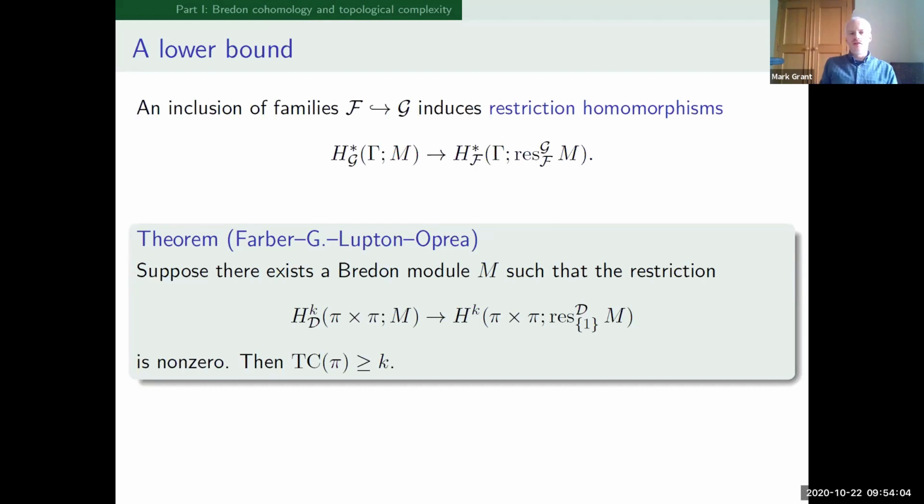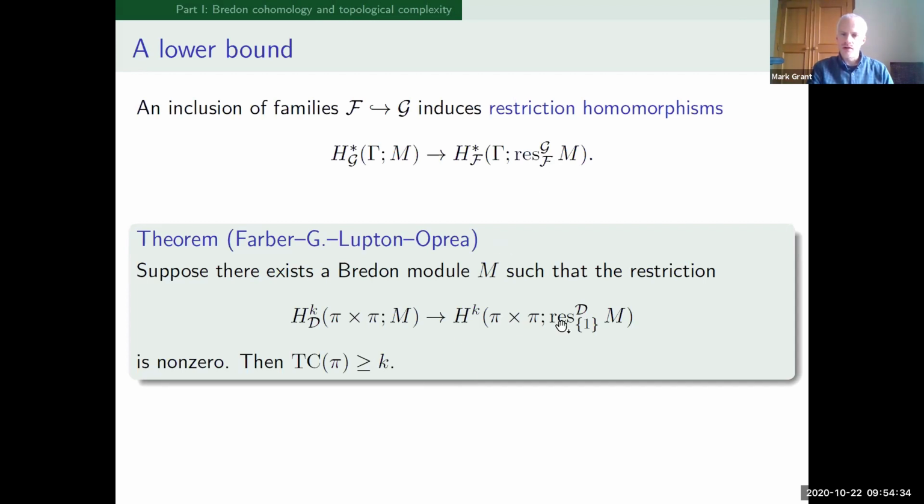So whenever you have an inclusion of families, it induces a functor on orbit categories, and therefore it induces a restriction functor, or natural transformation, from cohomology with respect to the larger family to cohomology with respect to the smaller family. You also need to restrict the Bredon module.